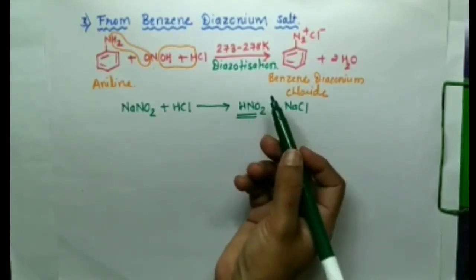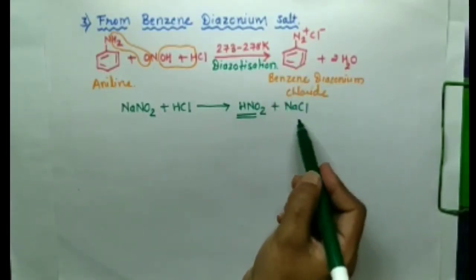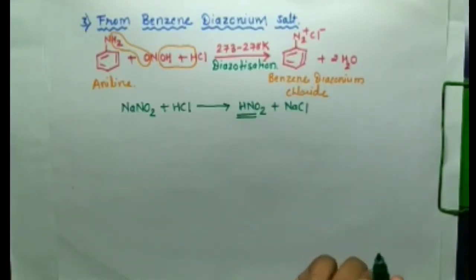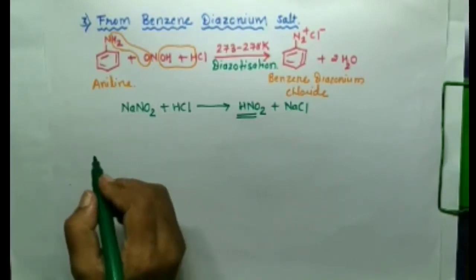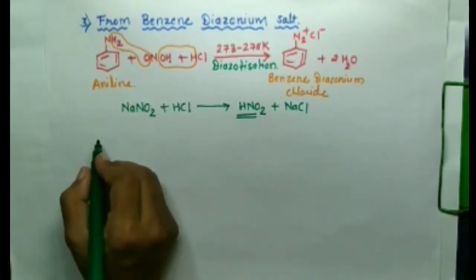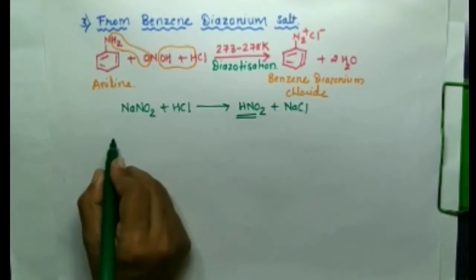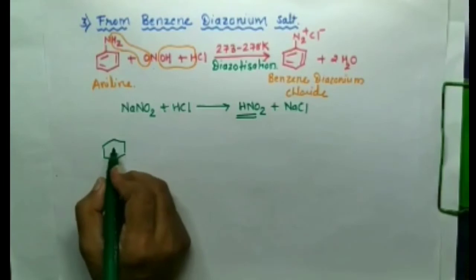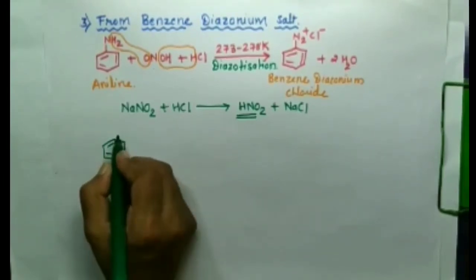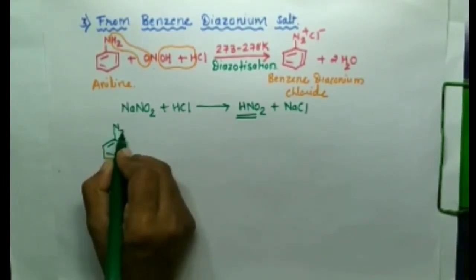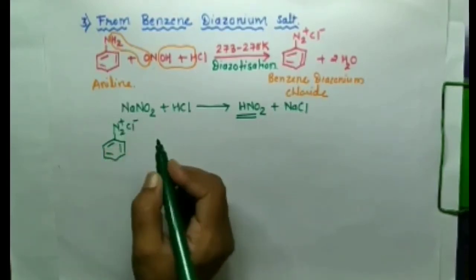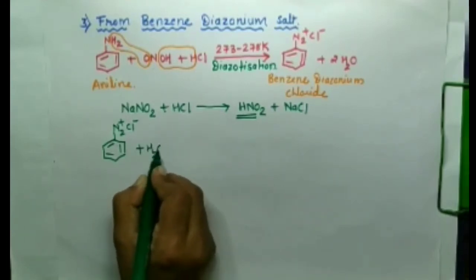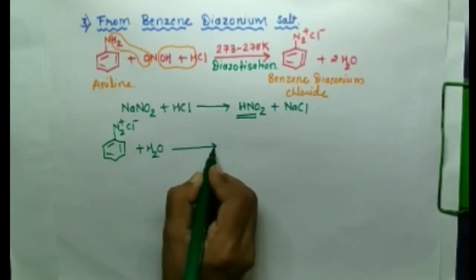After this diazotization, after preparation of this benzene diazonium chloride, this is converted into phenol just by water hydrolysis. So first step is diazotization, and second step, this benzene diazonium chloride is converted into phenol just by water hydrolysis.